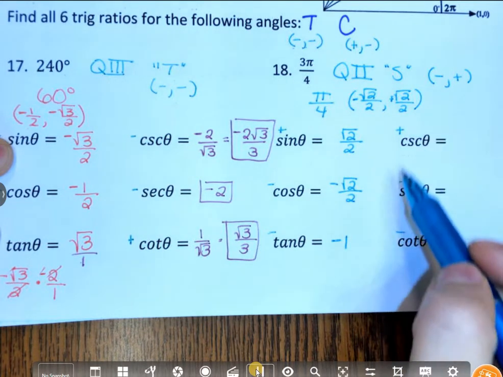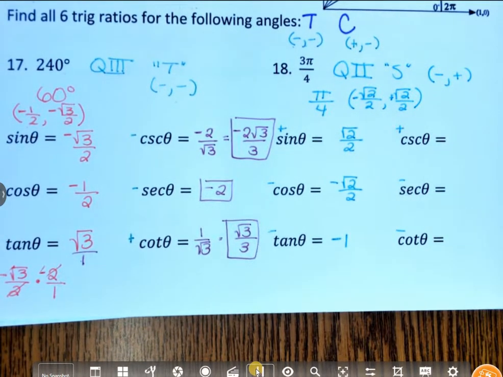Now I'm going to give you a second. I want you to think through the reciprocals. Think through those, see what you would get.